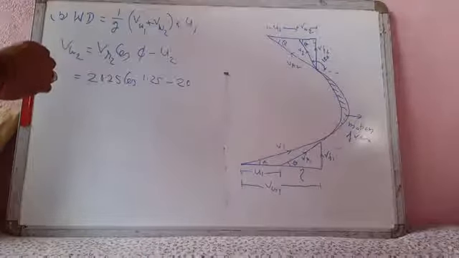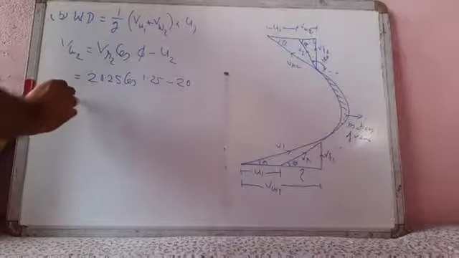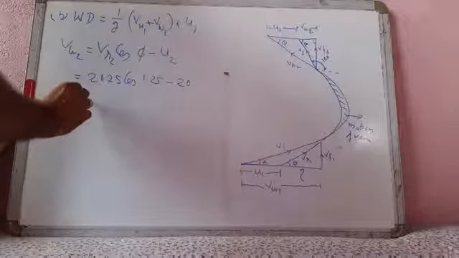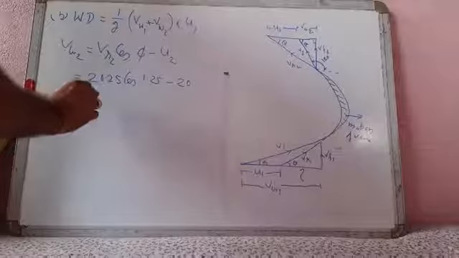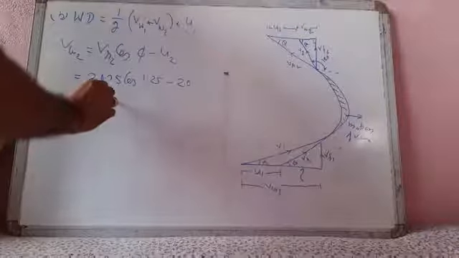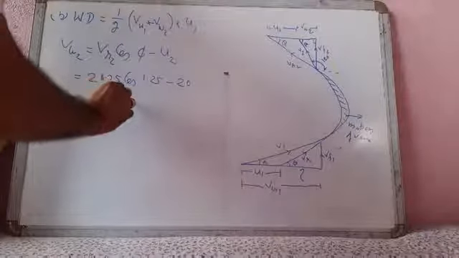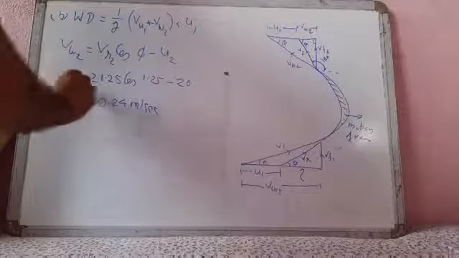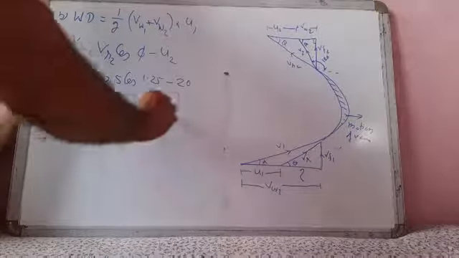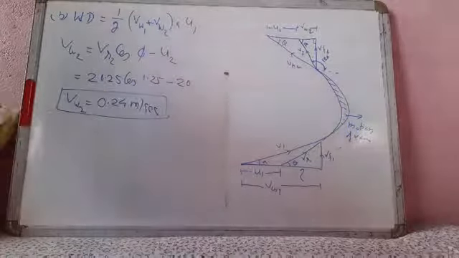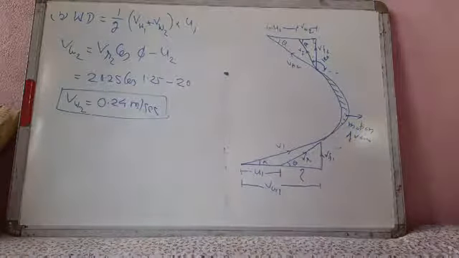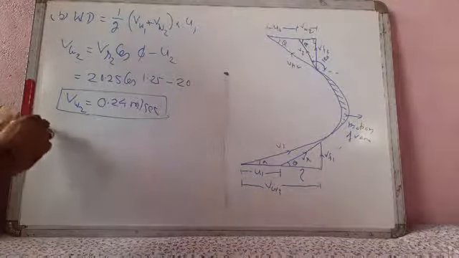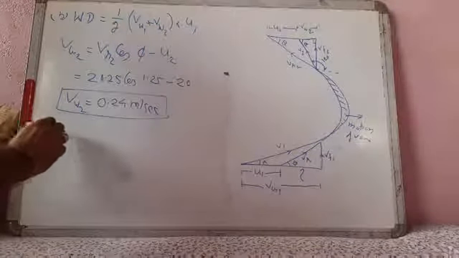So this value of VW2 equal to 0.24 meter per second.